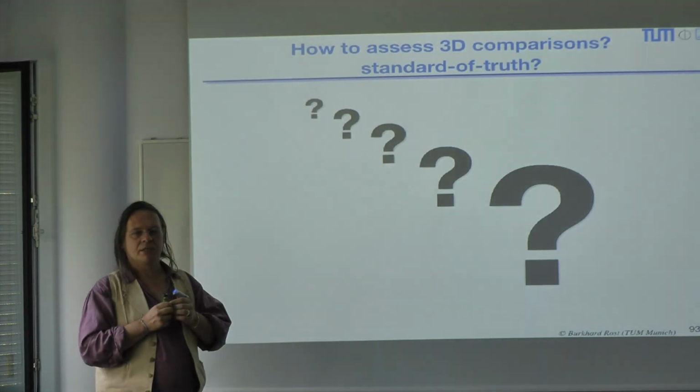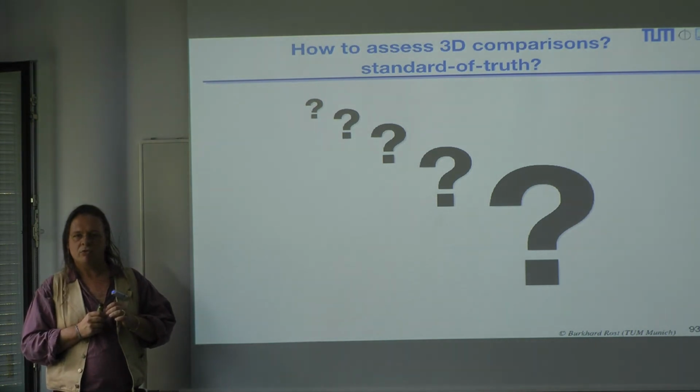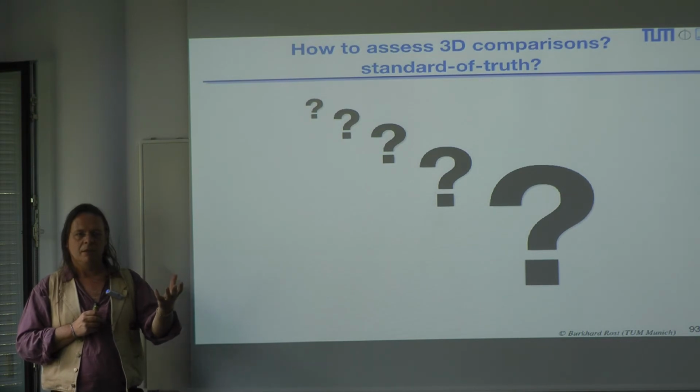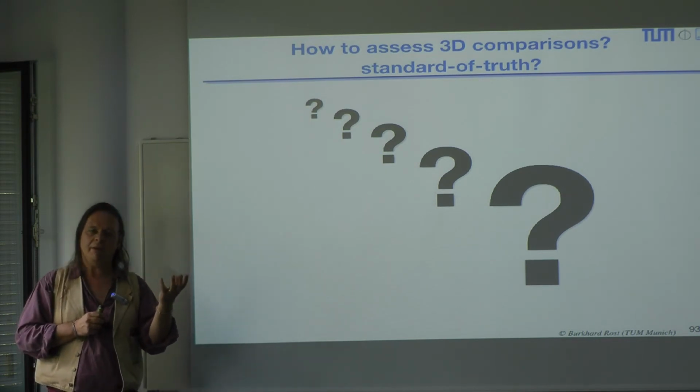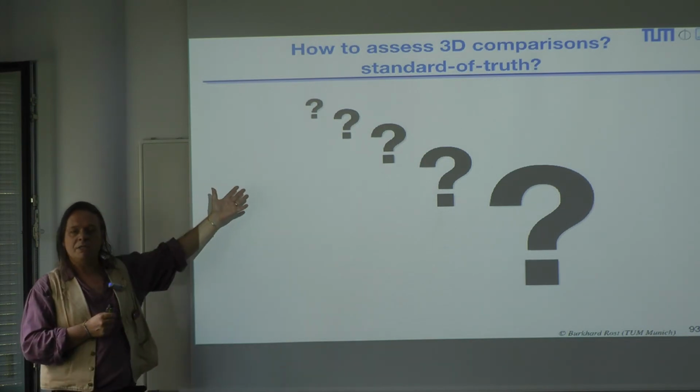Well, the first question is, how do you in fact identify what is right? So we take PDB and we want to compare methods that structurally align proteins. What is my standard of truth?